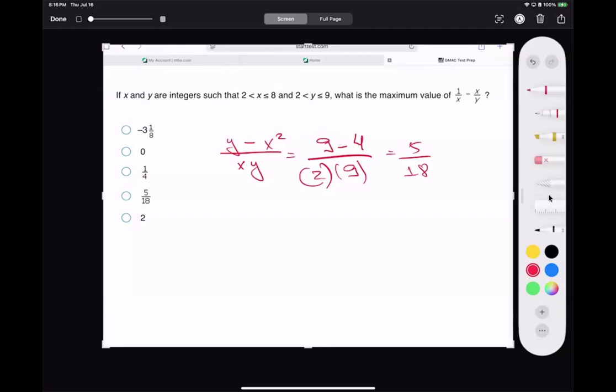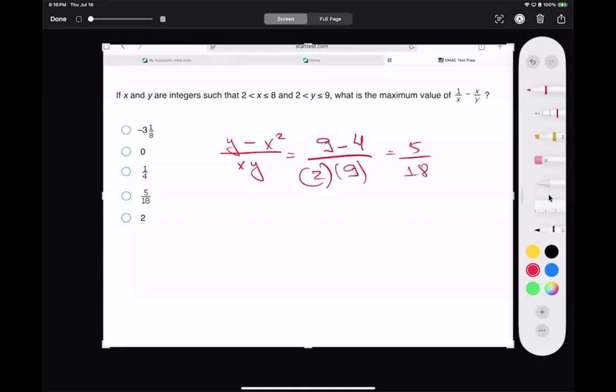I'm waiting. Guys, you are not testing. No, I don't know if I'm right. That is a fact. Look, what I used was 2 for x and 9 for y. Okay?